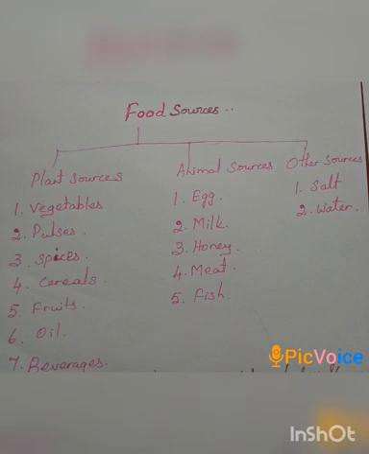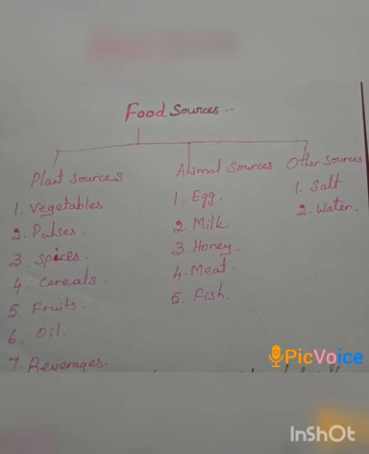Next one, fruits. Mangoes, apples and bananas are fleshy fruits. Walnut and almond are dry fruits. Orange, lemon and amla are citrus fruits. Then the sixth one, oil.